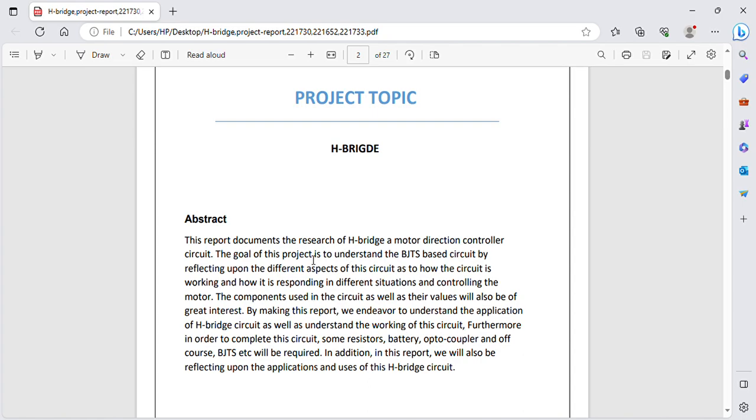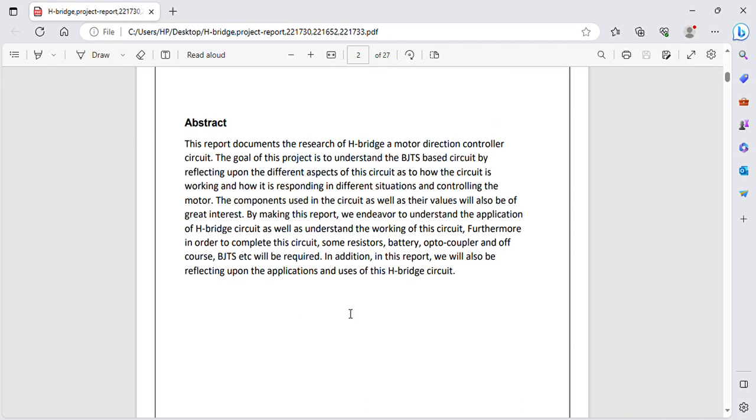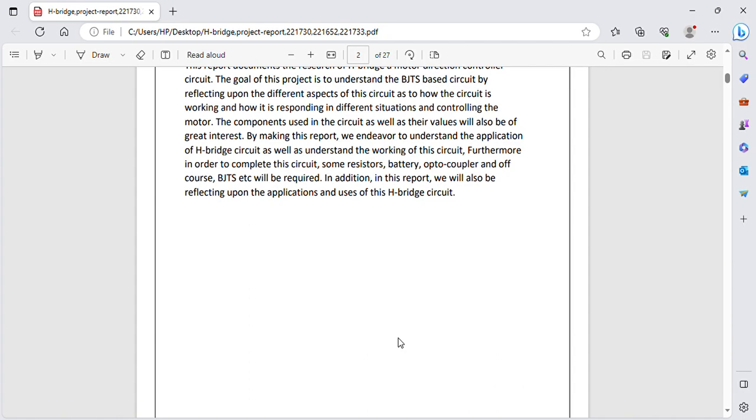Furthermore, in order to complete this circuit, some resistors, batteries, optocouplers, and of course bipolar junction transistors will be required. Here the bipolar junction transistor is used as a switch. In this report, we will also be reflecting upon the applications and uses of this H-bridge circuit.